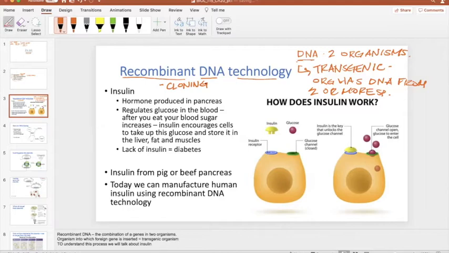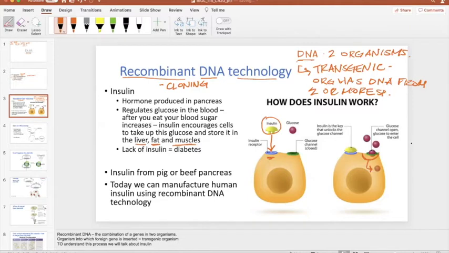And so what insulin does is it binds to the receptor on the surface of some cells. In particular, you find these receptors in the liver, in your fat tissue, in your muscle tissue. When the insulin binds to these receptors on the surface of a cell, you can see here it's bound, it opens up glucose channels, allowing glucose to be taken up into the cell.